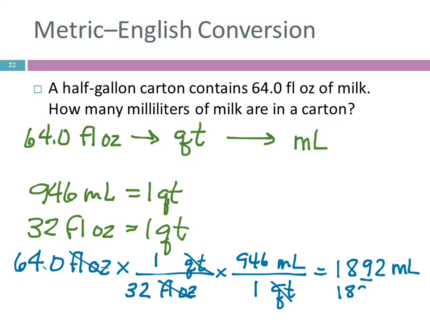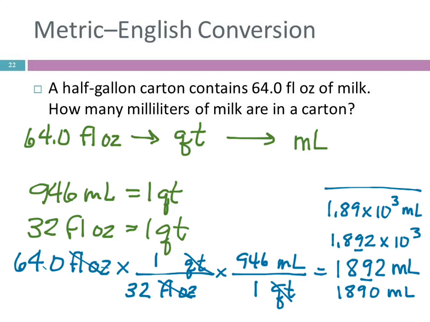So you could call that 1890 milliliters. The problem is sometimes students forget to put the placeholder 0 in there. If you put it in scientific notation first and then round it, you don't have to worry about those placeholder zeros. So that's the best answer. This one's okay.